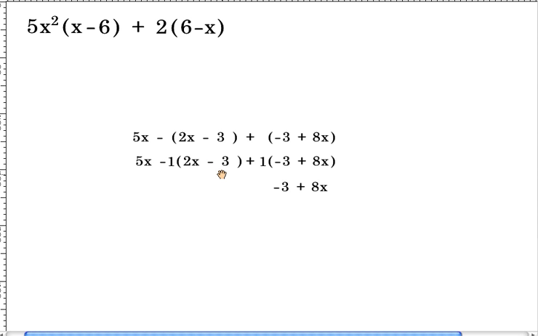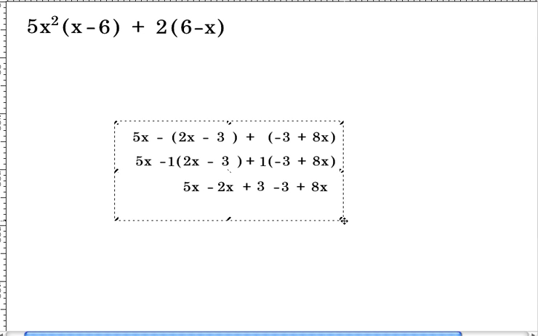So the net effect here is that the 2x will become a minus 2x and the minus 3 will become a plus 3. And the parentheses will drop away. And so we end up with this situation here. And so that's the way you handle minus parentheses. You simply toggle the signs of the things within the parentheses. And so that was a way to put these ideas on autopilot.